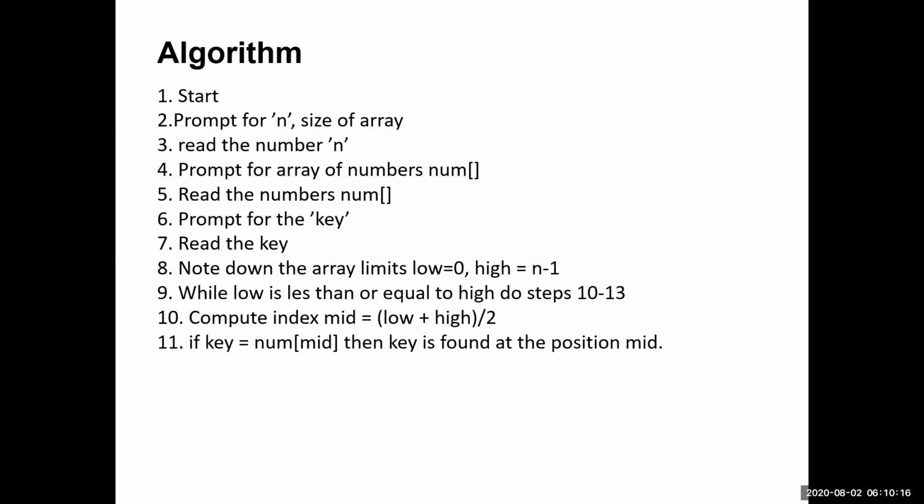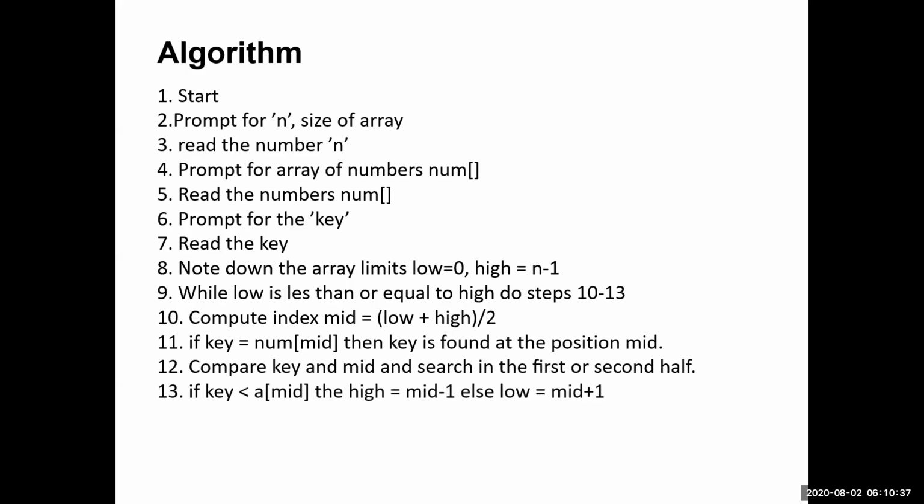Else, compare the key and the mid value. If it is less than the mid value array element, then search in the first half of the list. If it is greater, then search in the second half of the list.